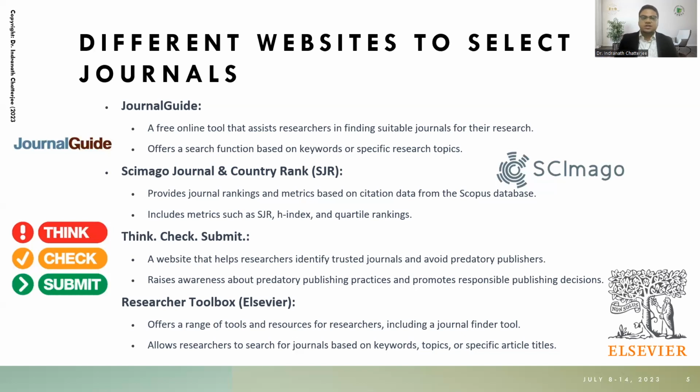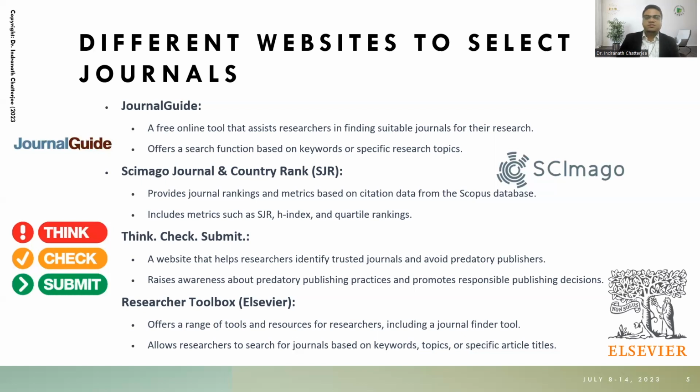The next one is the Scimago Journal and Country Rank. So I told you already about the Scimago. Scimago is a website where you can find the SJR report, SNIP score, CiteScore, and quartile rank of a particular journal. So quartile rank can be based on the country, based on your domain, based on your subjects, and based on the particular area of research.